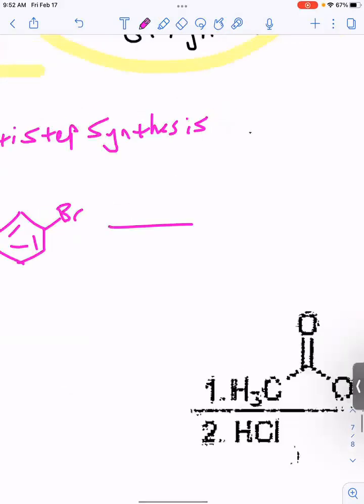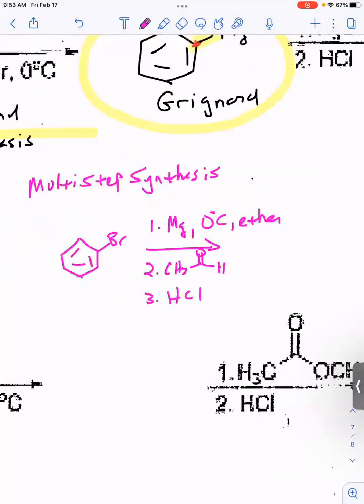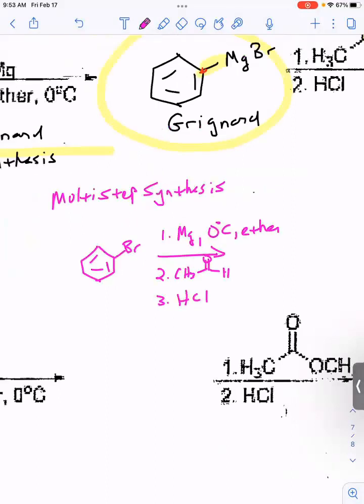And then over my arrow, number 1 is magnesium at 0 degrees Celsius in ether. Number 2 is that aldehyde. And then number 3 is HCl. I can also write it like that, and it's going to give me the same outcome.